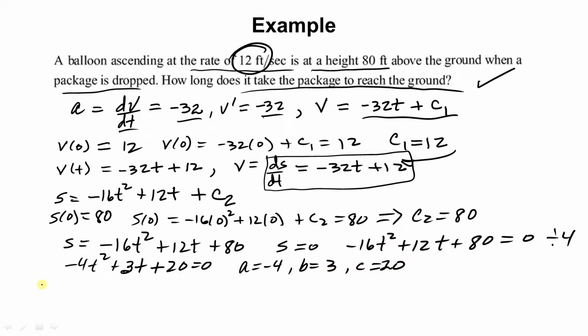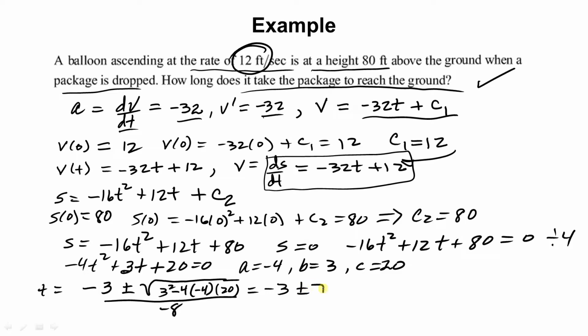And so t, using the quadratic formula, is minus b, which is minus 3, plus or minus the square root of b squared, which is 3 squared, minus 4 times a, which is minus 4, times c, which is 20, all over 2a, which is minus 8. And you can see this is minus 3, plus or minus the square root of 329, divided by minus 8.